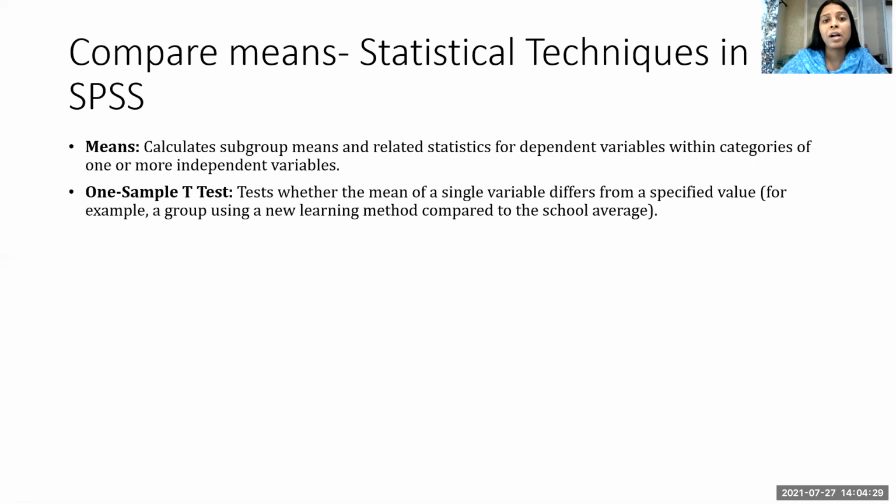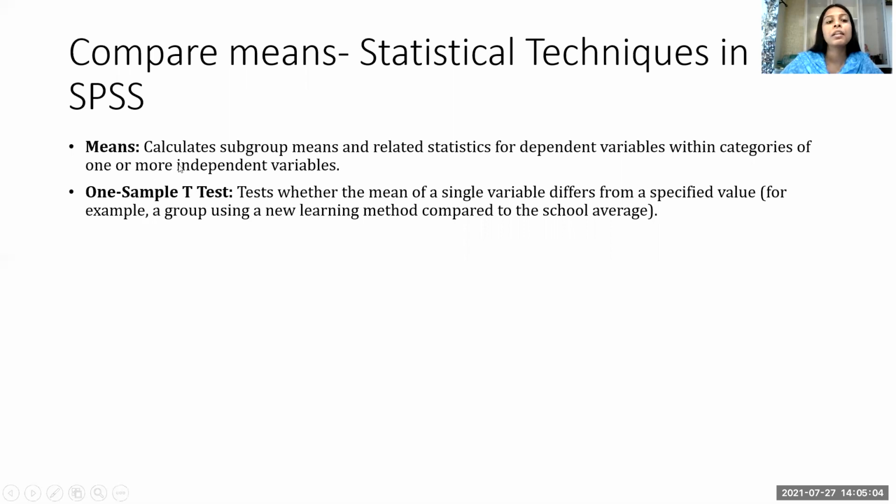The next one is the one sample t-test, which tests whether the mean of a single variable differs from a specified value. For example, a group is using a new learning method. Compared to the traditional method, we are segregating a small group and implementing the new learning method, and trying to see whether it will be effective and increase the school average performance or not.